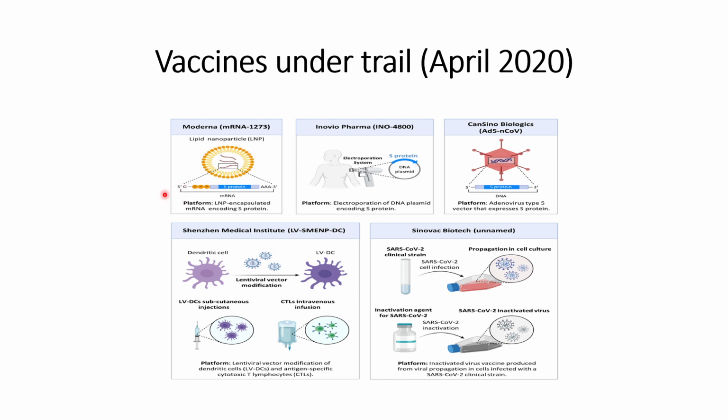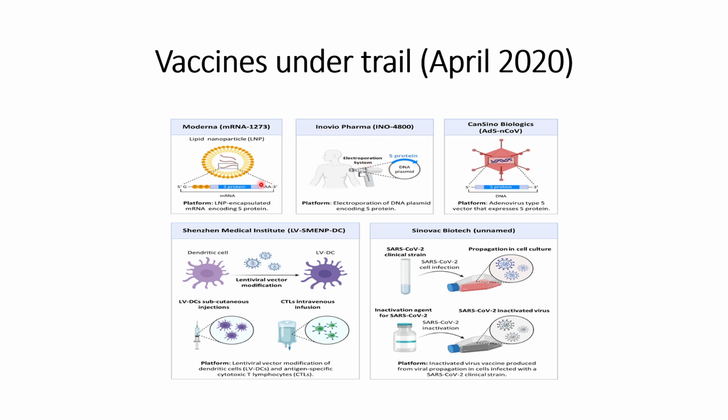When this gets inside the cell, it leads to translation of the S protein, which activates the immune response of the body and trains it so that whenever the actual virus infects the host, it will respond with greater strength.